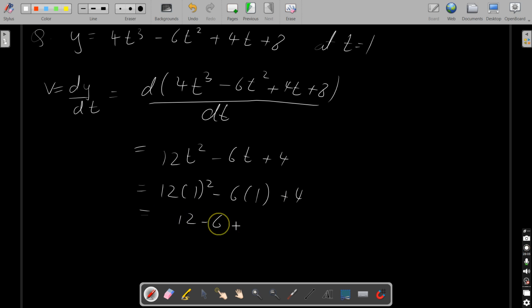Hence 12 minus 6 plus 4, so this becomes 10.